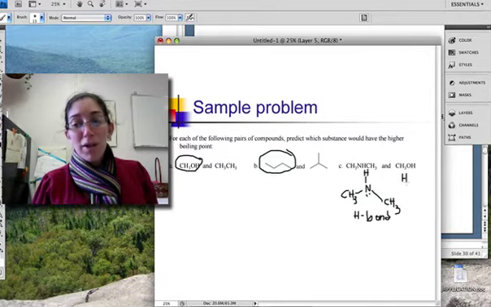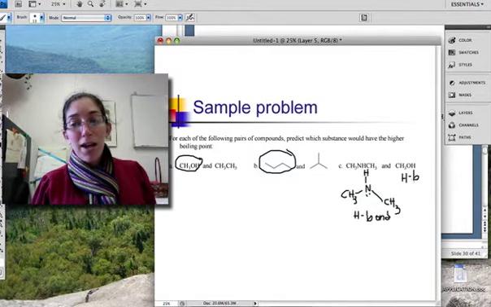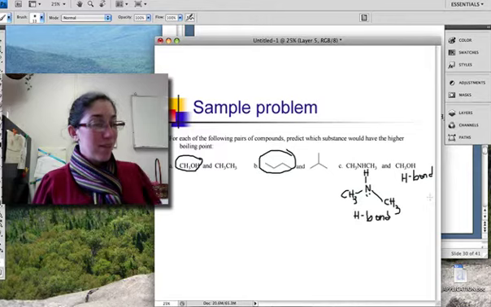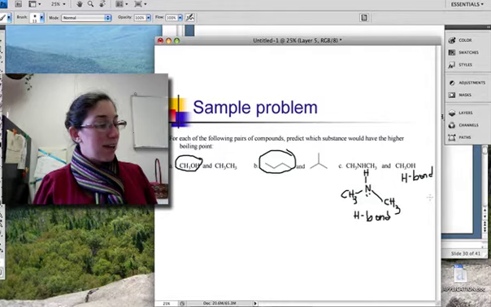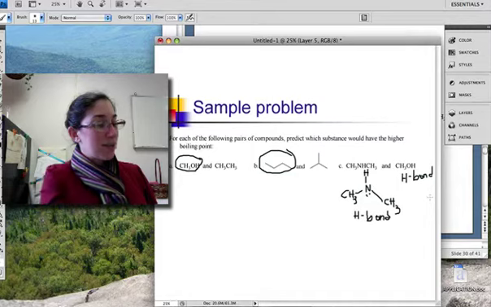So which one is going to have a higher boiling point? How might you figure that out? Well, I'm pretty sure I know the answer, but I just want to double check here. Okay, so I'm reading the answer out of the textbook to make sure I'm explaining this correctly.